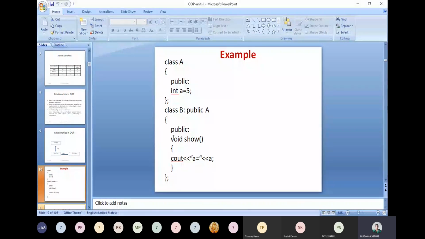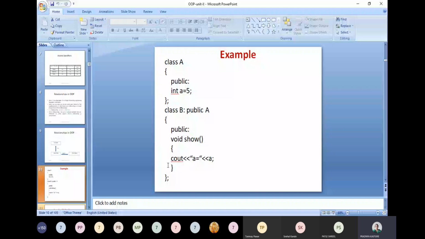Next, you are not writing a variable in class B, you are just writing a method. The method is void show. In that void show method, you can access this variable because you have inherited class A, while class B becomes the derived class. So we can access the class A functions as well as member variables.